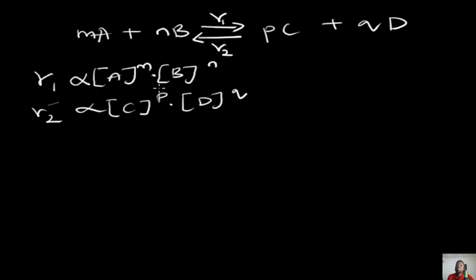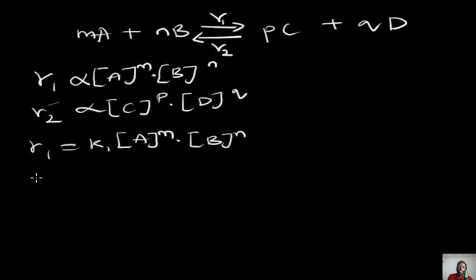This particular expression describes it. Now, if we are to apply mathematical principles, you are supposed to remove this proportionality sign. And when you remove a proportionality sign, you introduce a constant. So R1 will now equal K1 times the concentration of A raised to power m multiplied by the concentration of B raised to power n.